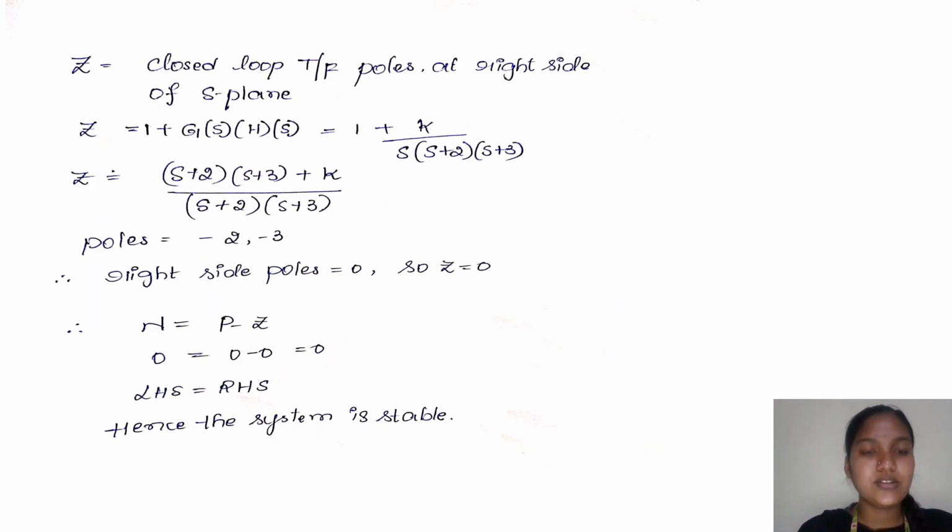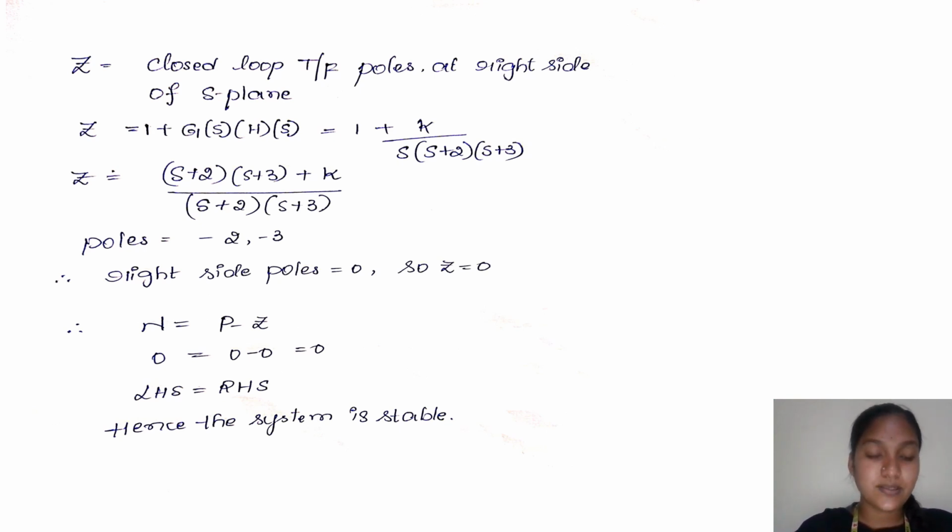Next, Z is equal to the closed loop transfer function poles at the right side of the S plane. 1 plus G of s into H of s is equal to 1 plus K by s into s plus 2 into s plus 3. So Z is equal to s into s plus 2 into s plus 3 plus K, over s into s plus 2 into s plus 3. If you see the poles on the right side, there are no poles, so Z is equal to 0.